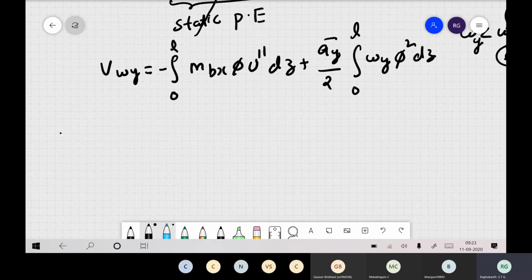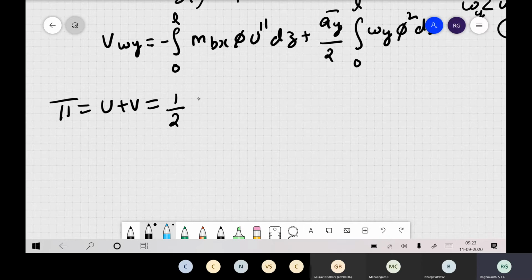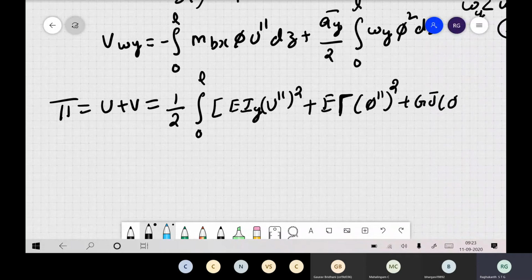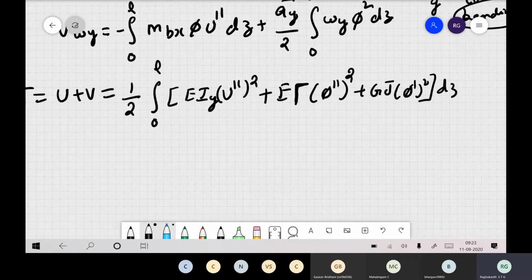Now you can write the total energy, U plus V. The strain energy we wrote, 0 to L, if you write nicely: EIy u double dash square plus E Cw, the warping constant, phi double dash whole square, plus GJ phi dash square, this is our strain energy, dz.